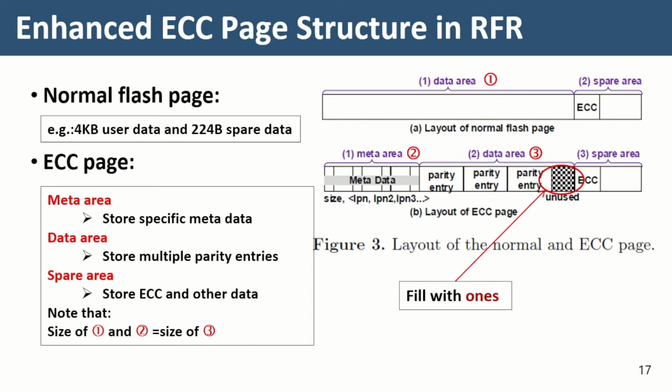To index the exact position of each parity entry, we use specific metadata to sequentially locate the corresponding LPN of each parity entry and associate them with the original user data. To prevent one parity entry from being stored in more than one ECC page, we directly fill the unused end part of the data area with 1.